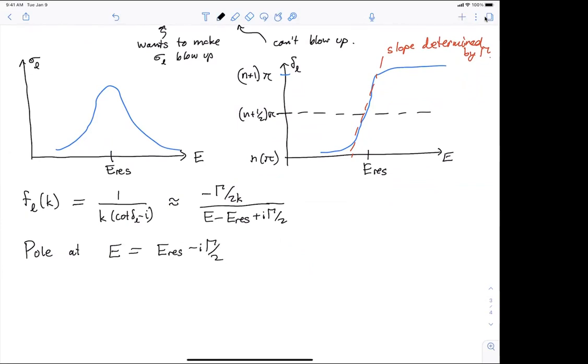So it's a pole in complex energy. Another thing to notice about this is, unlike the bound state pole, this pole is at positive energy, but it's at positive energy minus an imaginary part. So this is very unlike the bound state pole, E bound.